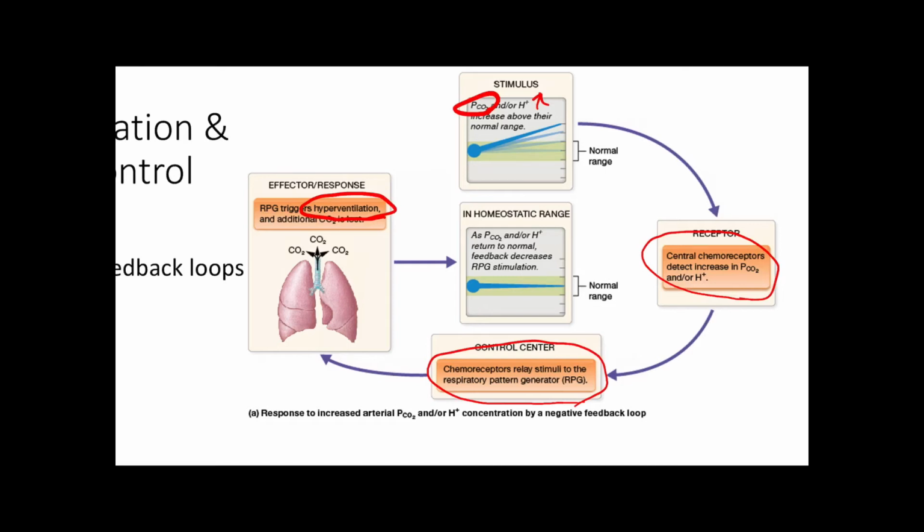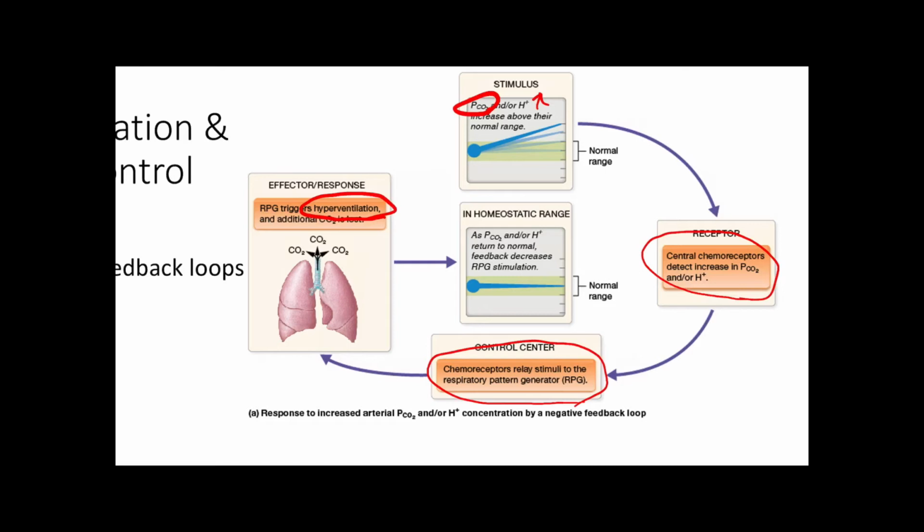So higher levels of CO2, higher levels of acids trigger the respiratory centers to get busy, breathing faster, and also helping to increase respiratory depth. So the hyperventilation is designed to promote loss of CO2.